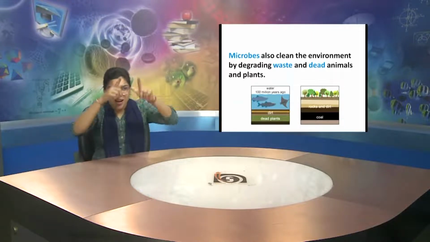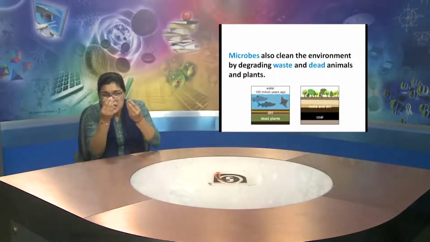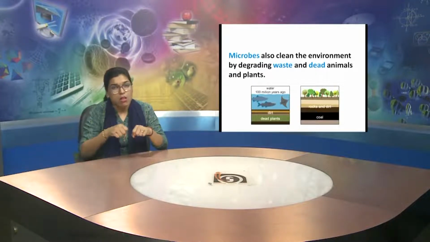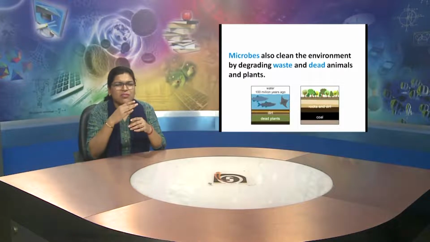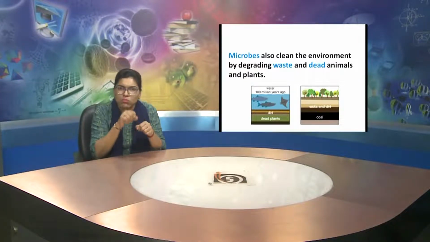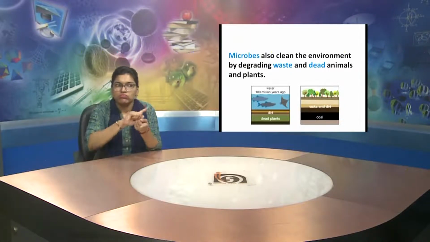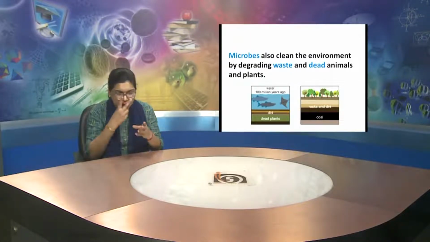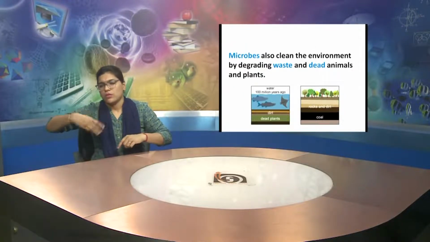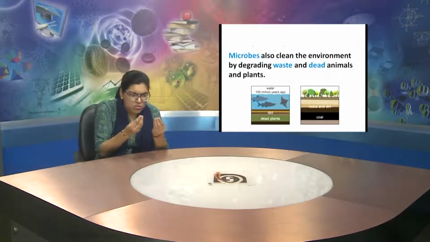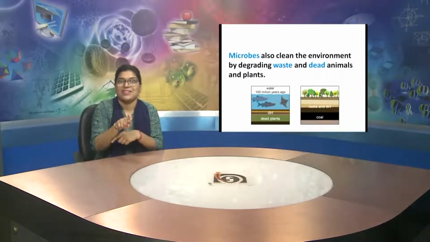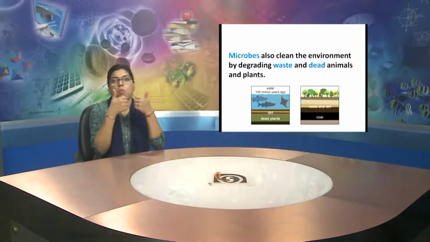Whenever an animal or plant is dead, there are very small microorganisms which come inside it and start eating it, and slowly we see that the waste material is degraded and it vanishes after some time. It becomes soil. So this is due to these small microbes.